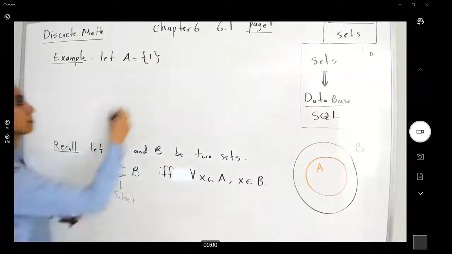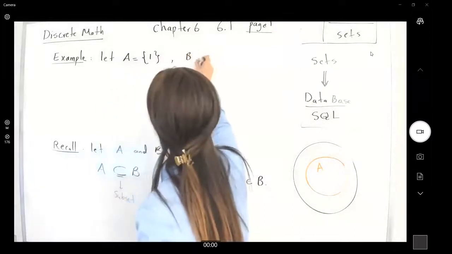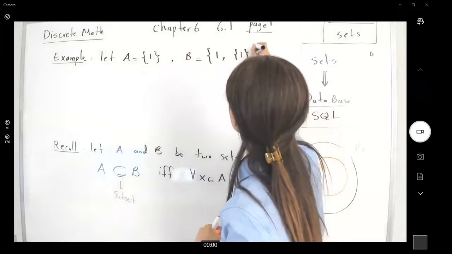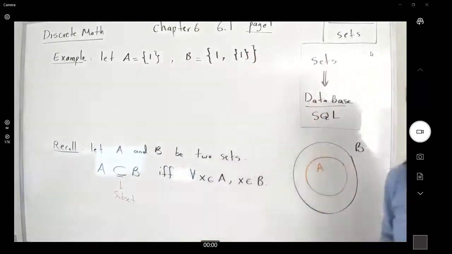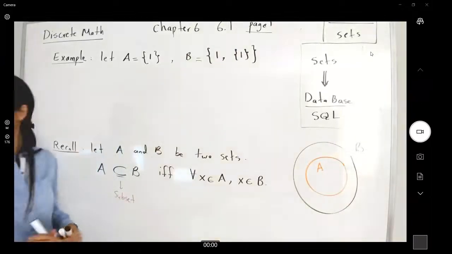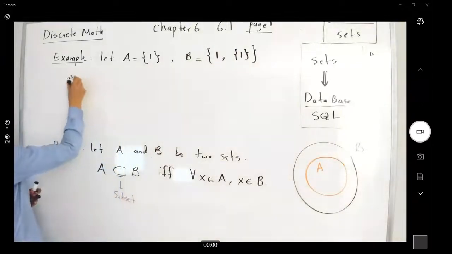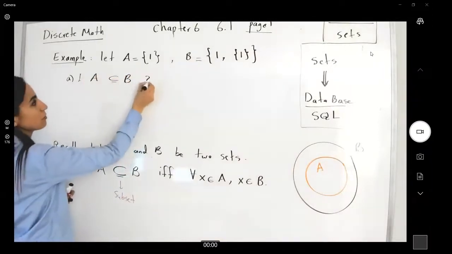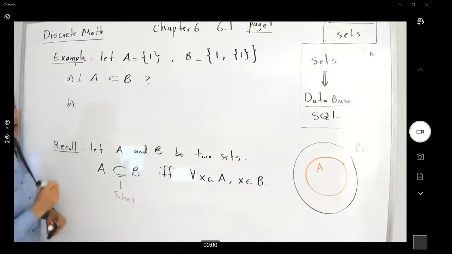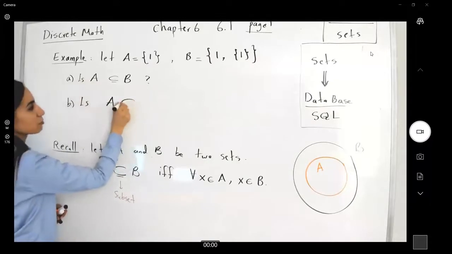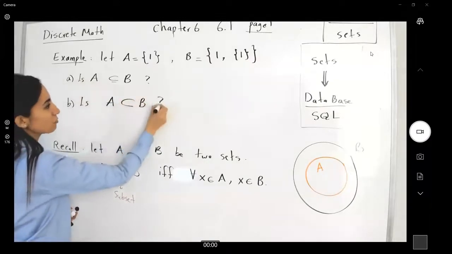Set B is a set including 1 and a set including 1. Well, question says, is A a subset of B? Remember the definition of proper subset? Can we say that A is a proper subset of B?